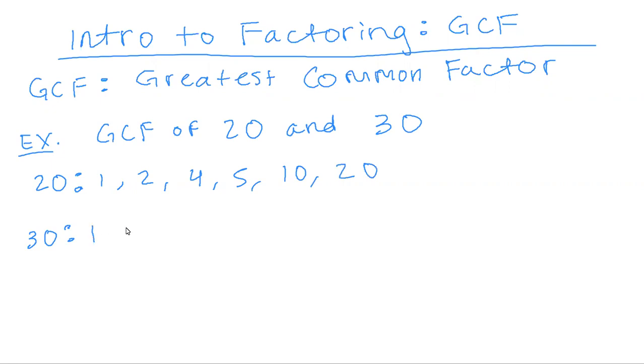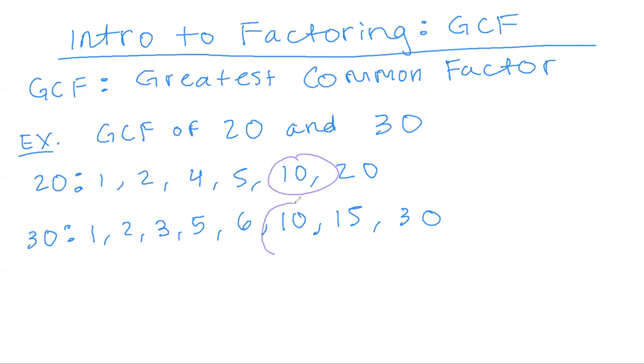And for 30, it's 1, 2, 3, oh no, not 4, 5, 6, 10, 15, and 30. Now we go down the list and see what is the greatest factor that they share. In this case, I notice it's 10. So my GCF here is 10.